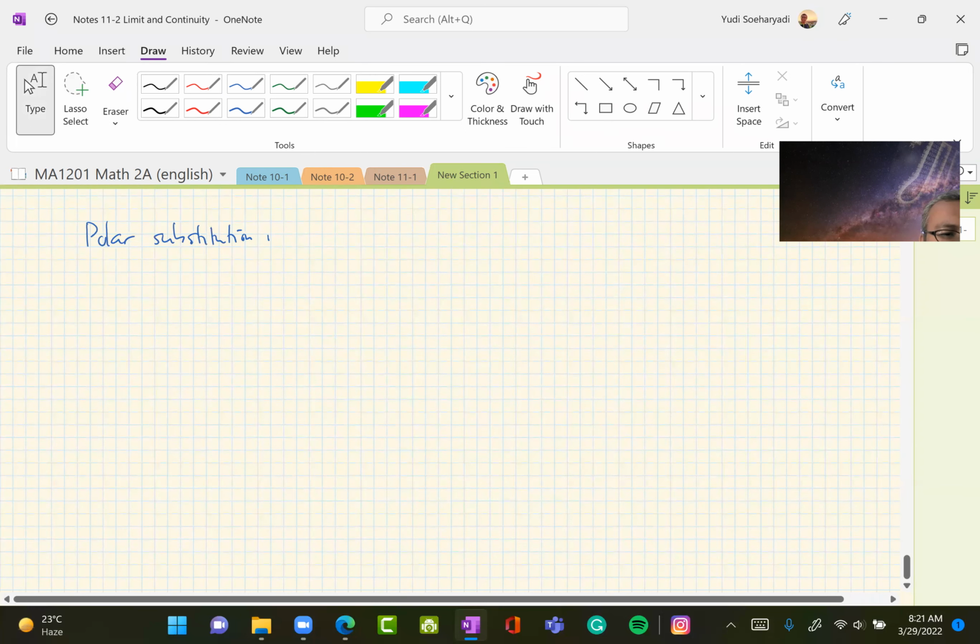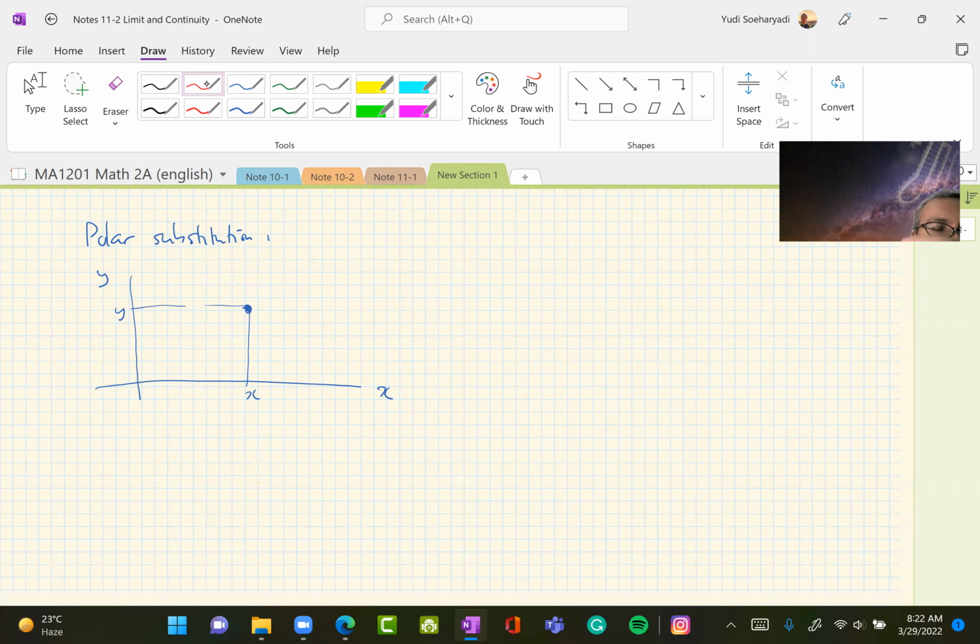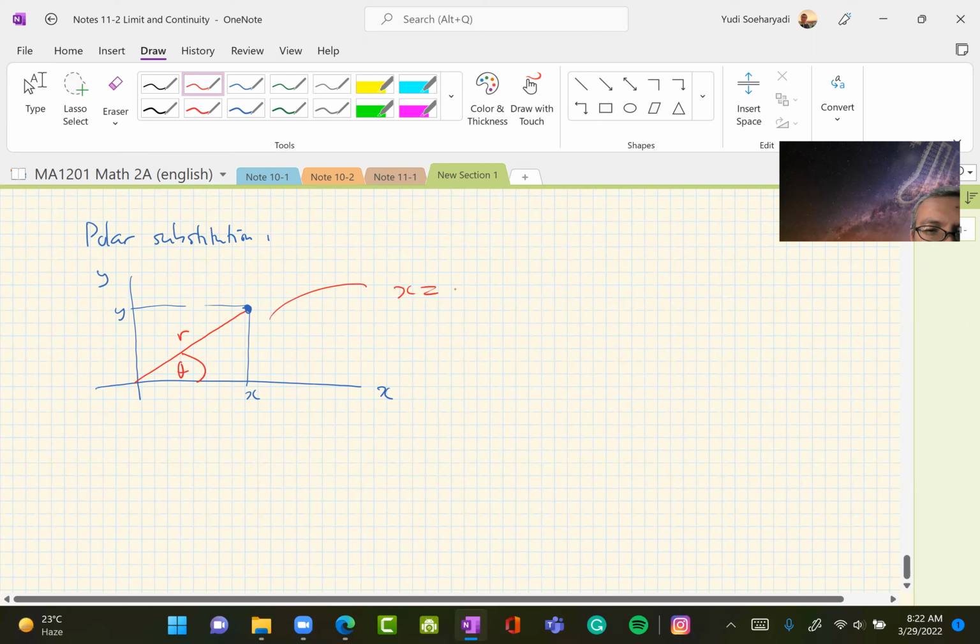This polar substitution means that if you have a point here, and you think this is theta and this is r, then x is equal to r cosine theta and y is r sine theta.